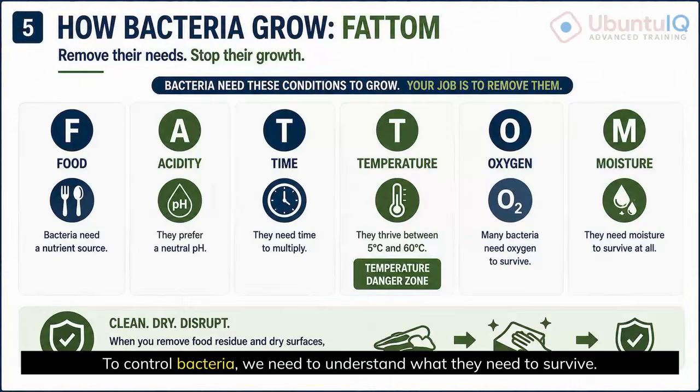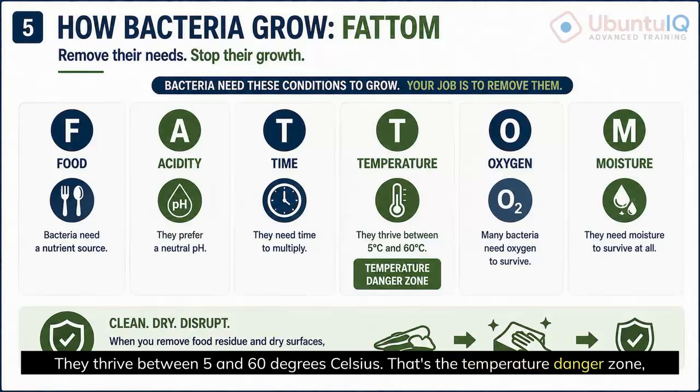To control bacteria, we need to understand what they need to survive. There's a useful acronym for this: FATM. It stands for food, acidity, time, temperature, oxygen, and moisture. Bacteria need a nutrient source. They prefer a neutral pH. They need time to multiply. They thrive between 5 and 60 degrees Celsius.